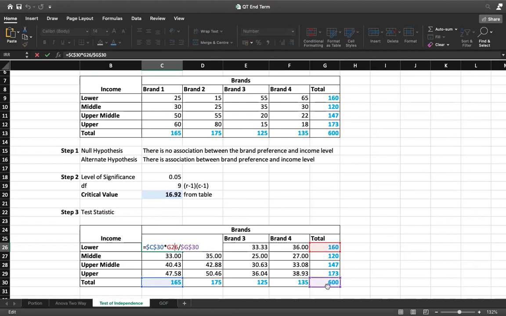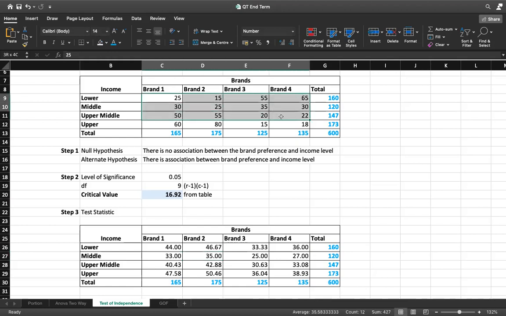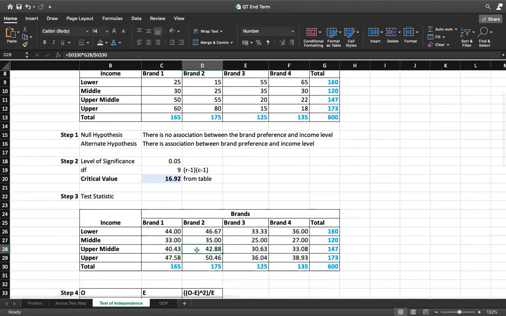That is 600, your total sample size. So 165 into 160 divided by 600. We should do this for each and every value, so they are converted into these values. This is basically your test statistic values.